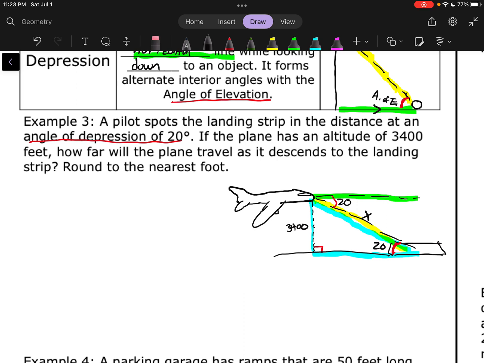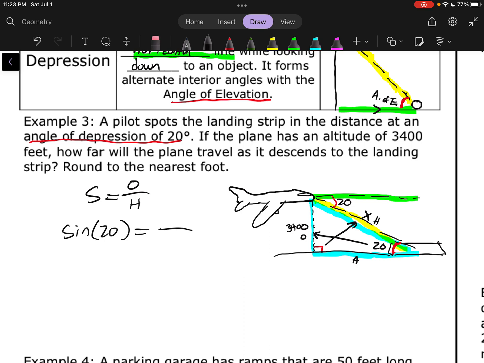And that's what we said. The angle of elevation from the bottom is always the same as the angle of depression from the top. So I'm going to use that triangle. So that's my O, the X is my H, and this is my adjacent. So if I know the opposite side, that altitude, and I want the hypotenuse, that's sine. Sine is O over H. So I'll do sine parentheses equals ratio.